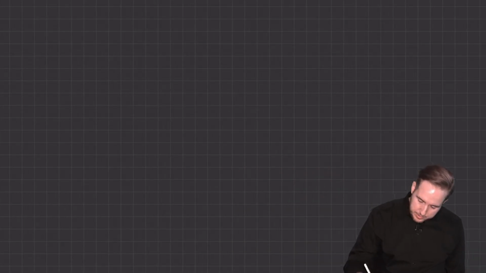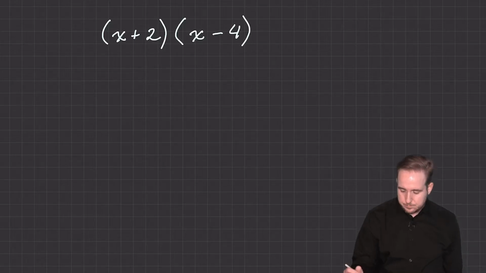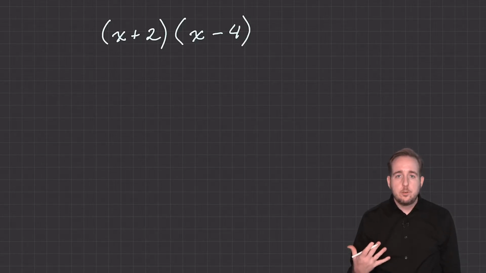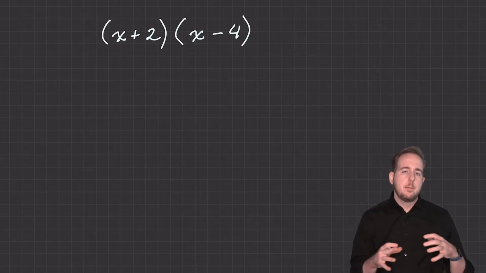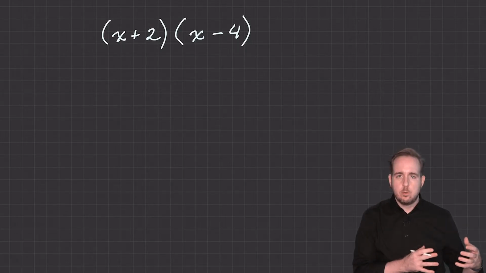So here is, let's make ourselves up an example. We're going to do x plus 2, and here we're going to do x minus 4. And this is what happens when you encounter something new in math and you work your way through it. We have to make sure that when we come up with new rules, they have to work with all of the old rules.